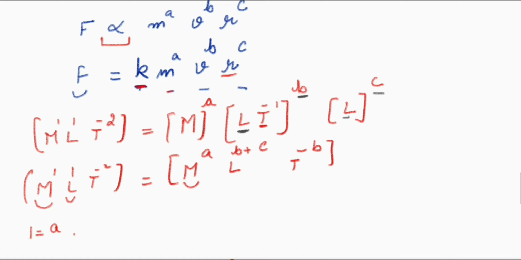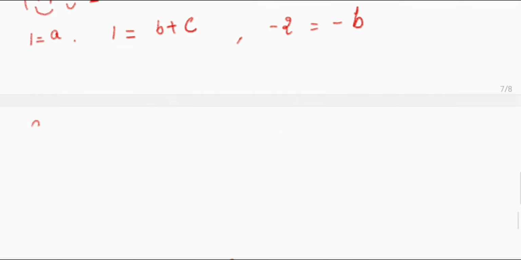The power of L is 1, which is equal to b plus c. And the power of T, on the left hand side is negative 2 and on the right hand side is negative b. So a is equal to 1, and from here the negatives cancel, so b is equal to 2. From here we can get c: 1 is equal to 2 plus c, so c is equal to negative 1.